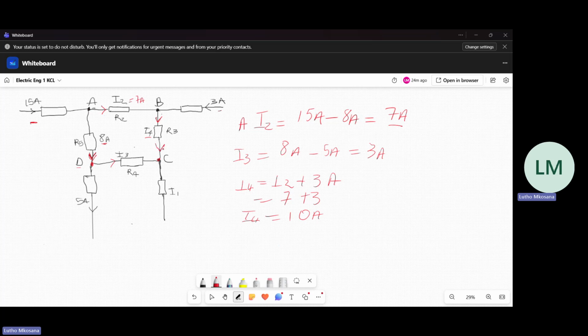Then we have 10 amps flowing in that direction and I3 flowing in that direction, and it won't accumulate in node C. It needs to flow away from it. Then I1 is flowing in that direction.